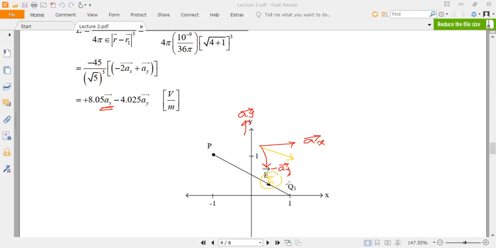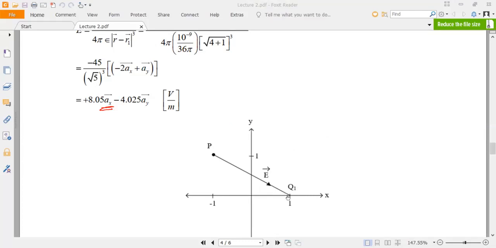What I'm trying to tell you here is that the electric field intensity is pointing towards the charge, because this charge is negative. A negative charge will have all the electric field direction towards it.